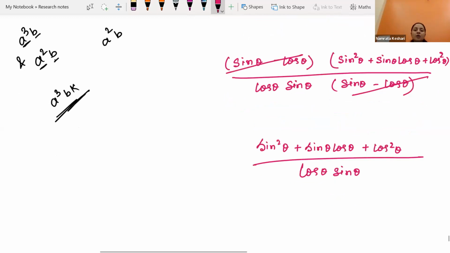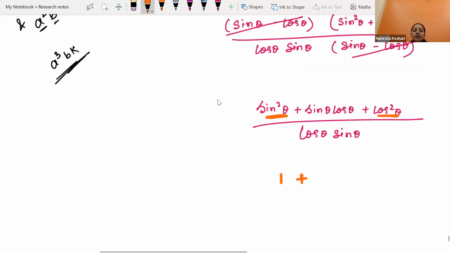Okay. Now focus. This is sine square, this is cos square. If we bring both together, sine square theta plus cos square theta, will it be 1? Yes or no? Yes. Okay. Plus sine theta cos theta over sine theta cos theta.